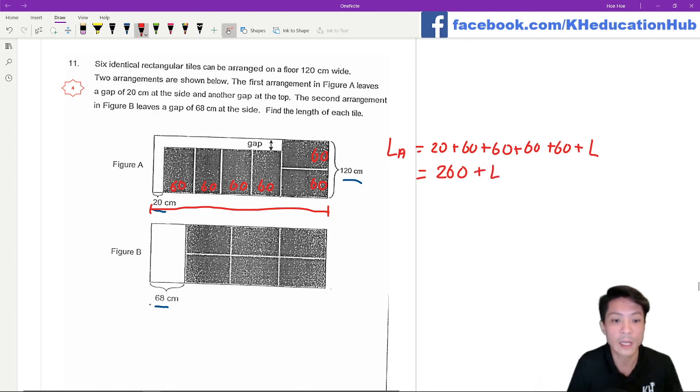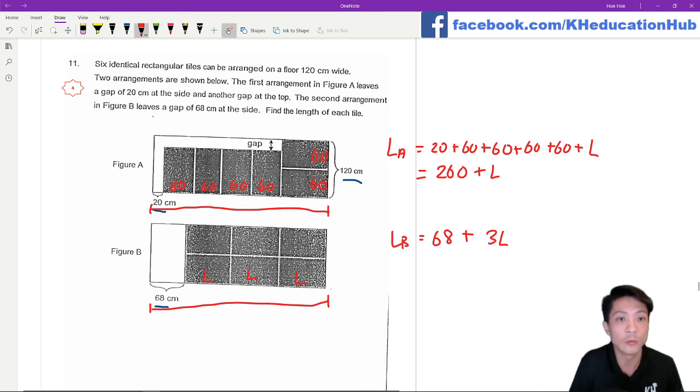Now if you look at the length of figure B, it is 68 plus another three lengths, right? Because this is L, L, and L. And you should realize that since the floor is of the same figure, which means that the lengths are the same.